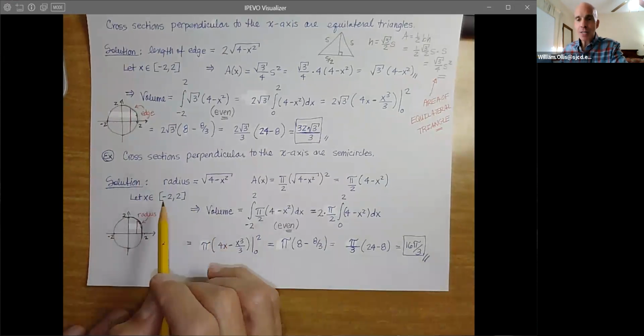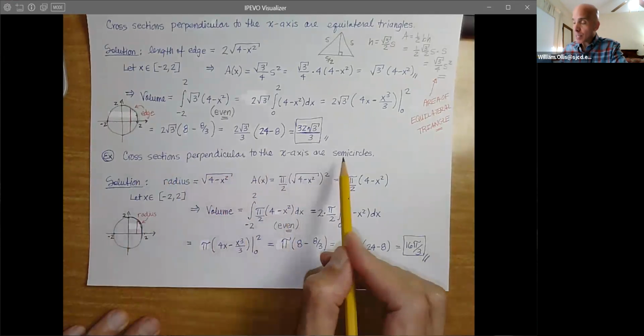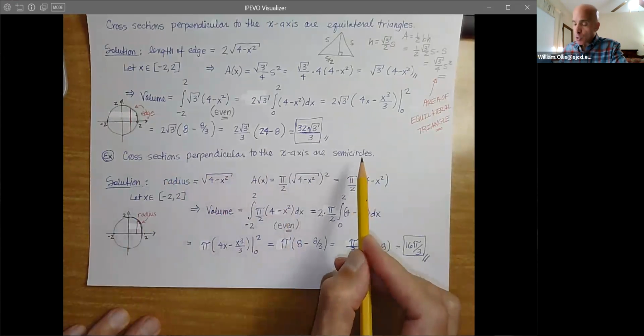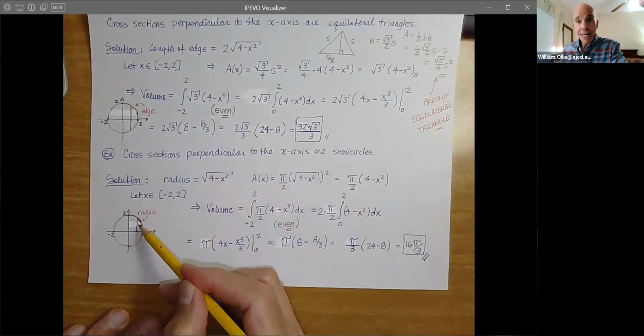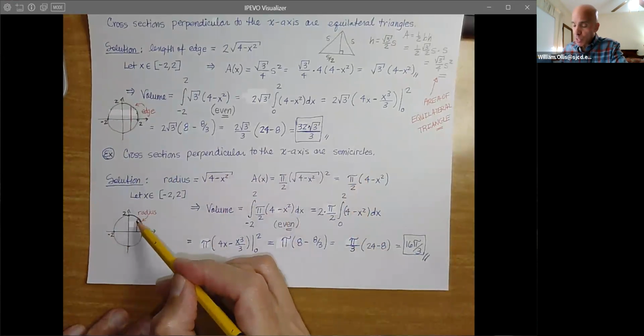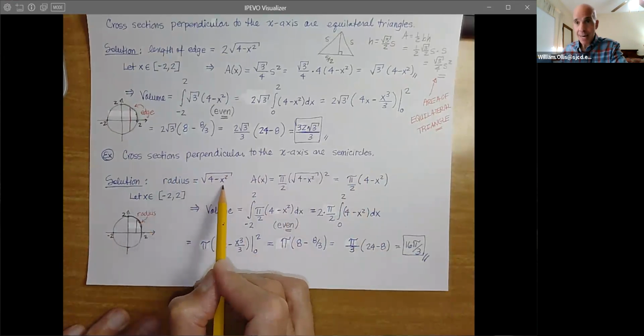Now, for the last example, we give the cross sections perpendicular to the x-axis to be semicircles. So now, again, when we think about the semicircles, we need a radius. And so in this particular case, the radius we can just construct from the x-axis to the curve. So our radius will be the square root of 4 minus x squared.